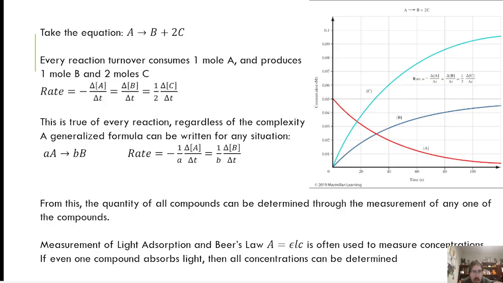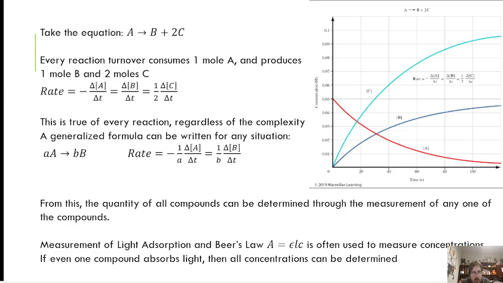And so we can get a relative rate comparison. This holds true regardless of how the thing breaks apart. This is universally true regardless of what we discuss next. If I know the rate with respect to one component of a reaction, I can know the rate with respect to any other part of the reaction based on their stoichiometric ratios.